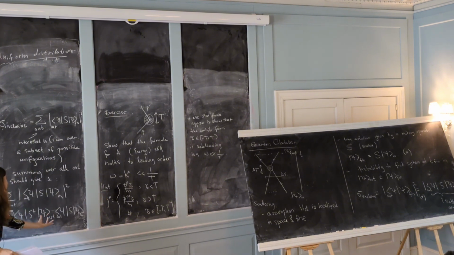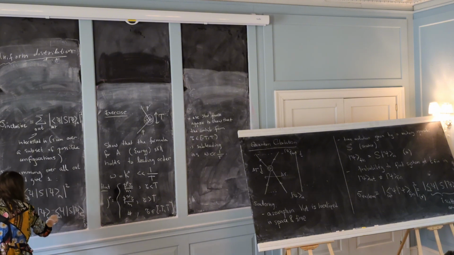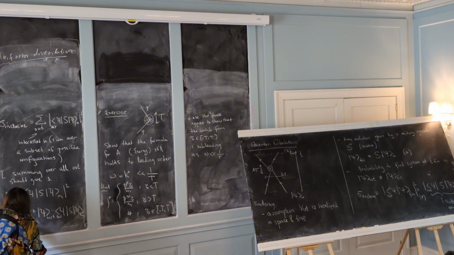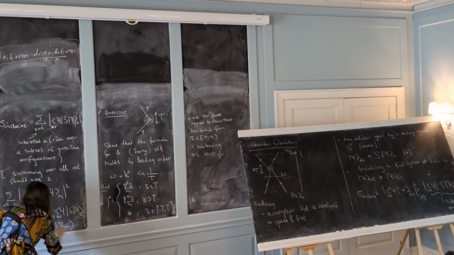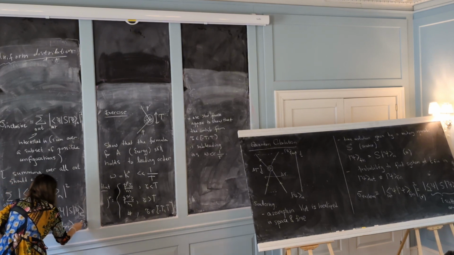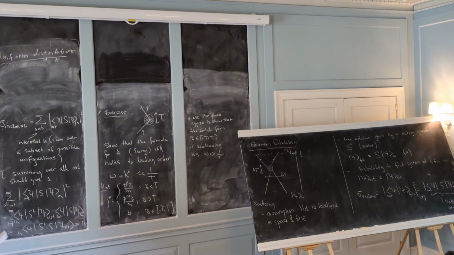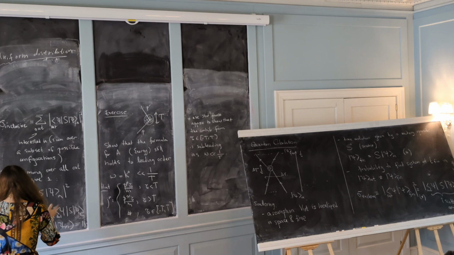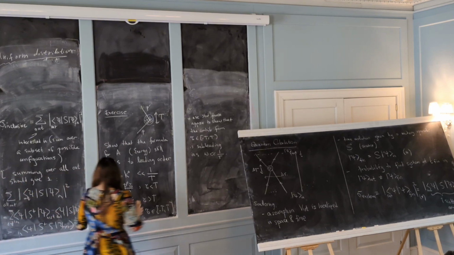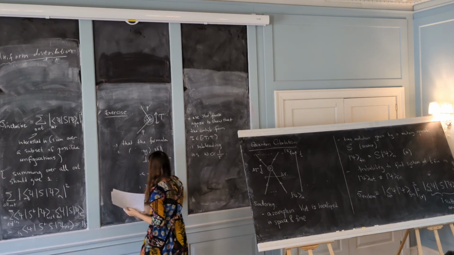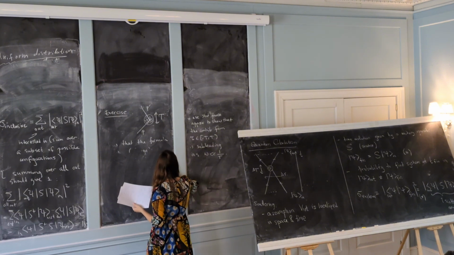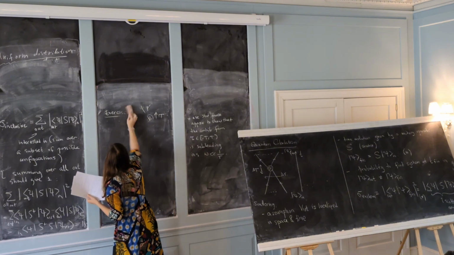All possible out states should give us a complete basis, and so this should just become the identity insertion. So there should be ⟨psi in|S dagger S|psi in⟩, and if the S matrix is a unitary operator, this should be 1. Okay, so this is why we'd expect the S matrix to be unitary, and our initial states are normalized to 1.